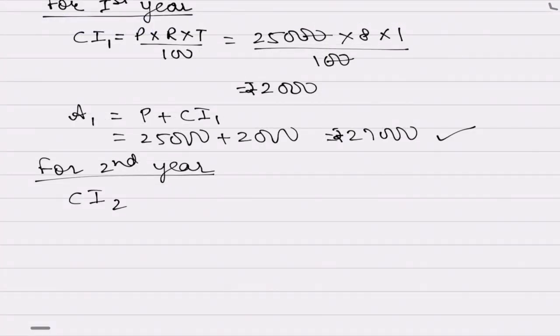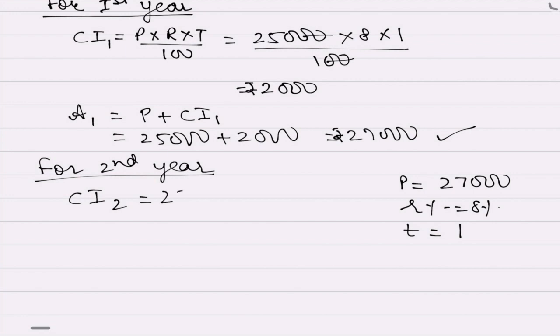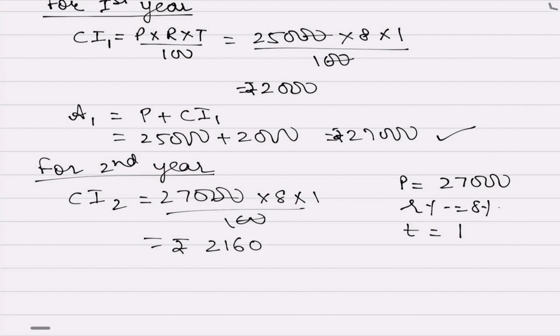Here in the second year, children, first see the principal is 27,000, rate of interest is the same 8%, and time period is 1 year, because one year separately we are finding out. So compound interest for the second year is the same formula, P into R into T upon 100. After calculating, we see the interest for the second year is 2,160 rupees.